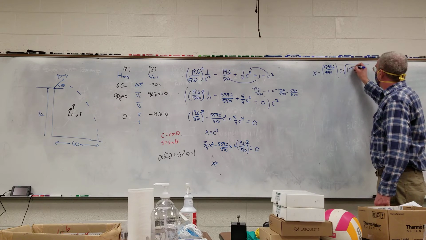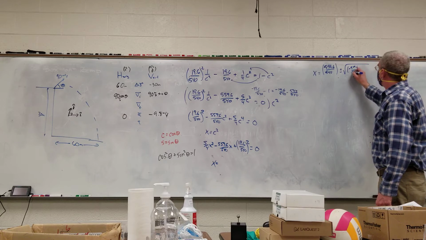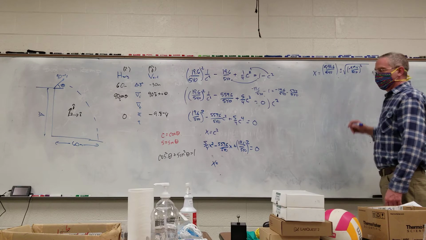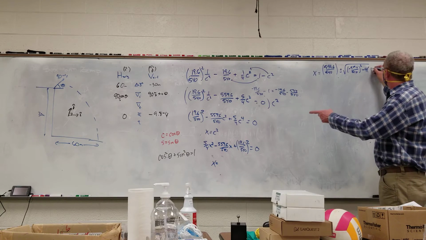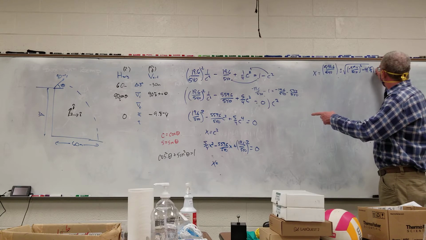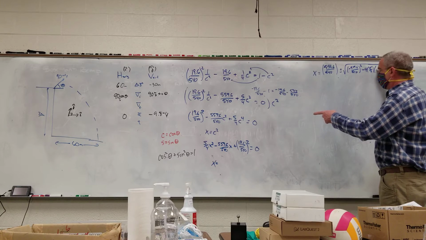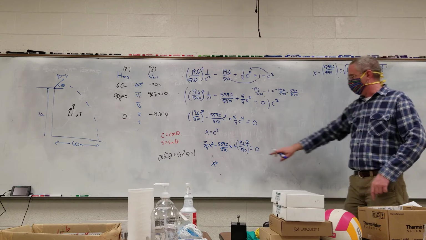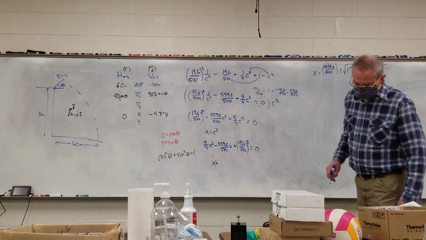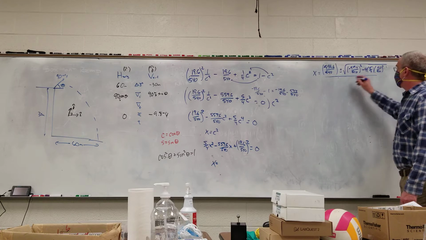So negative 559.6 over 540 squared, that minus sign is irrelevant there, minus 4 times a, which is 5/4, times c, which is 19.6 over 540 squared, that number right there, all over 2 times a.